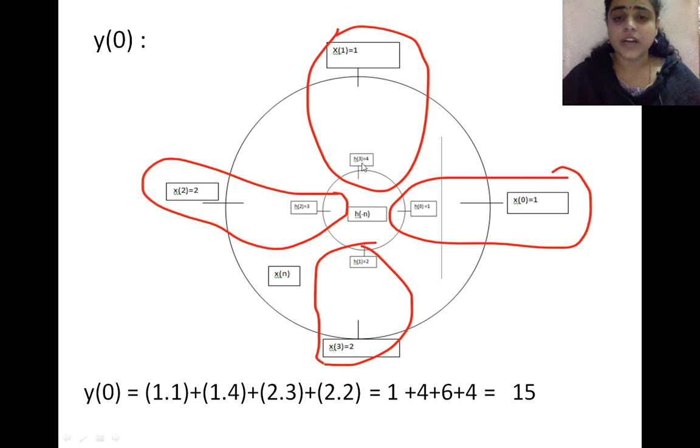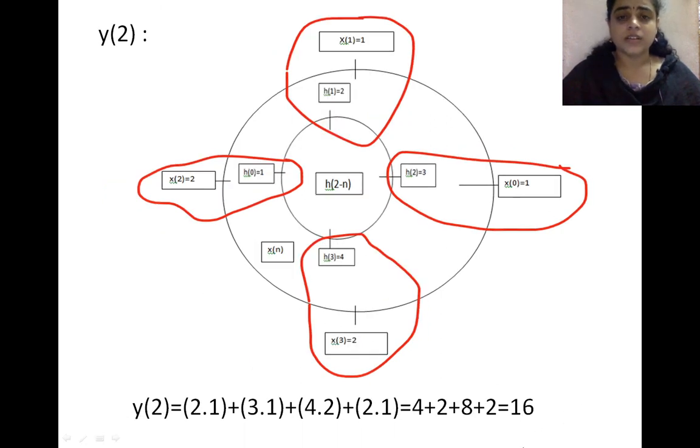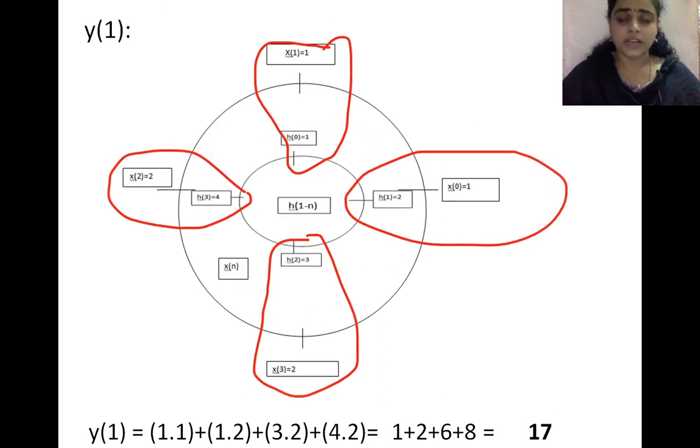When shifting comes, h of 3 will be replaced by h of 0, and 3 will come to here, 2 will come to here, 1 will come to here. Like this the shifting happened. So for y of 1, h of 0, 3, 2, 1, and again overlapping on each other, making summation, finding the result. This is y of 1.